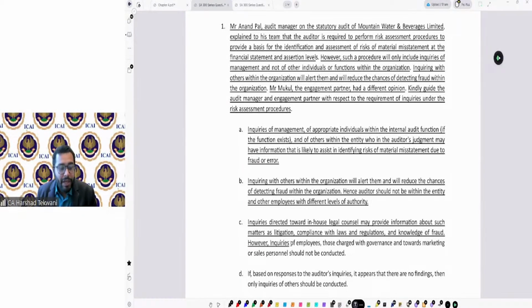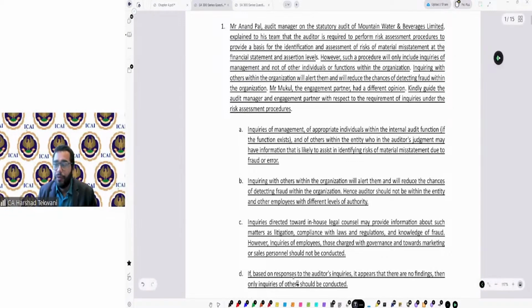However, inquiries of employees, those charged with governance, and marketing or sales personnel should not be conducted. Fourth, if based on the response to the auditor's inquiries it appears that there are no findings, then only inquiries of others should be conducted.